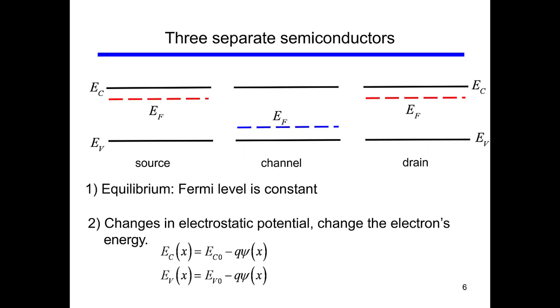These are the three separate regions, again shown in this slide, and in equilibrium the Fermi level is constant, so it stays where it is. In the n-type material it will stay where it is, in the p-type material it will stay where it is. So this is the situation in equilibrium, and this is the formula for how the conduction band changes.